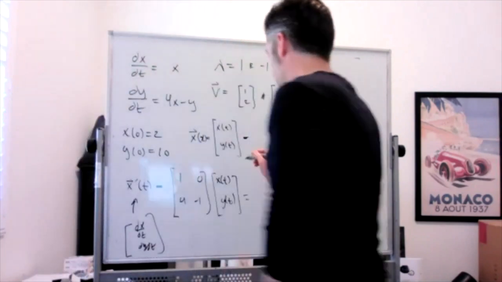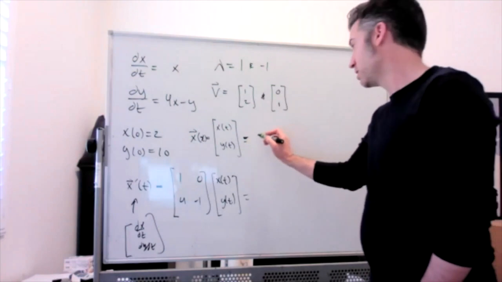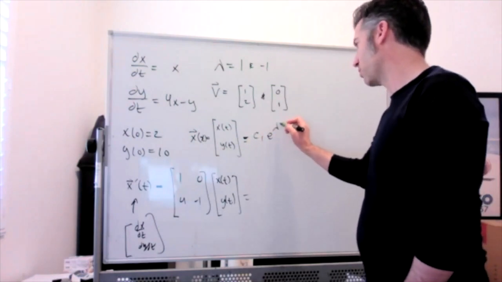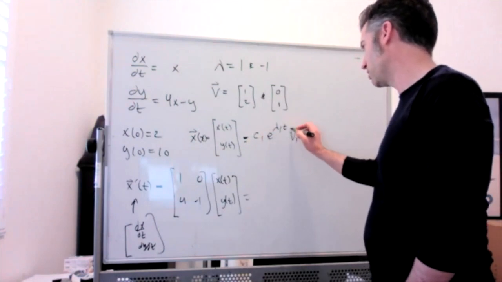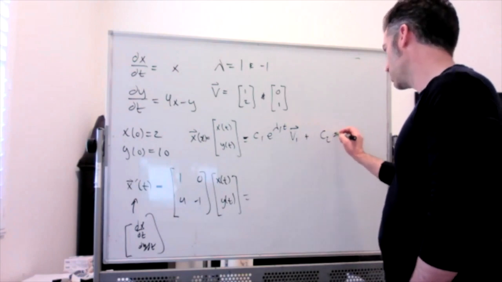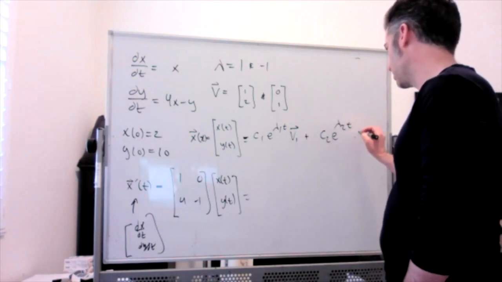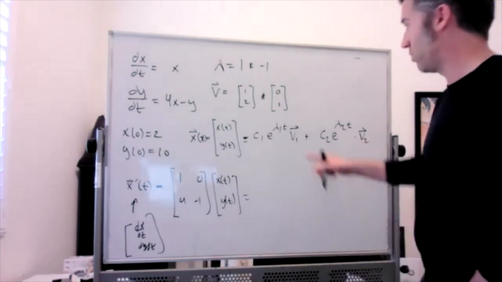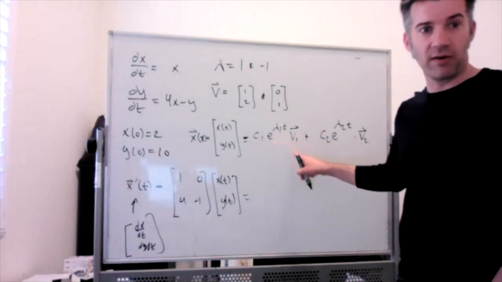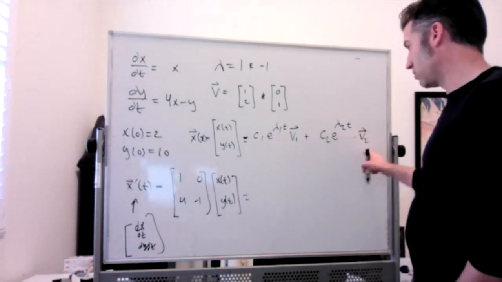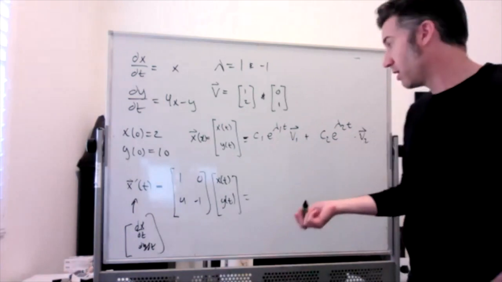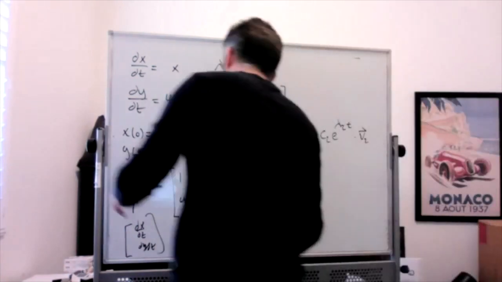This is equal to, so here's the thing you want to memorize, c1 e to the lambda 1 t times v1 plus c2 e to the lambda 2 t times v2, where lambda 1 and v1 are the first eigenvalue and eigenvector, lambda 2 and v2 are the second eigenvalue and eigenvector.